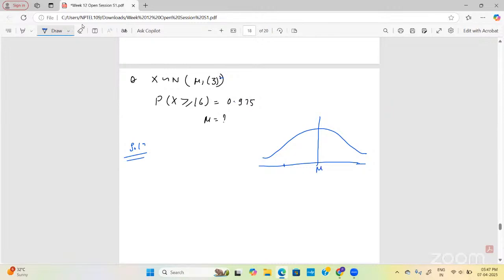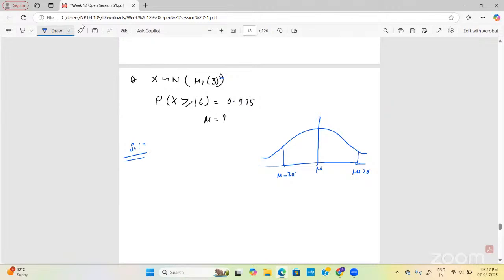This is mu. Okay, this is suppose mu plus 2 sigma. Sorry, this will be mu minus 2 sigma. And this will be mu plus 2 sigma, suppose. Okay, this is 2 sigma. So again, this is what is given.